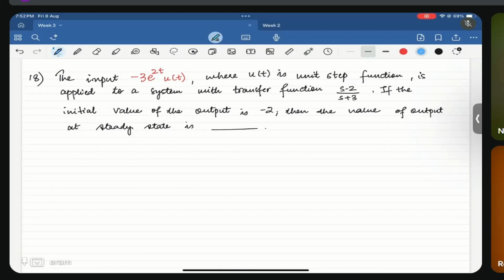Now we know the transfer function is calculated by putting all the initial conditions as 0. But it is saying that the initial value of the output, that is the response, is minus 2. Then you have to find the value of the output as t goes to infinity.